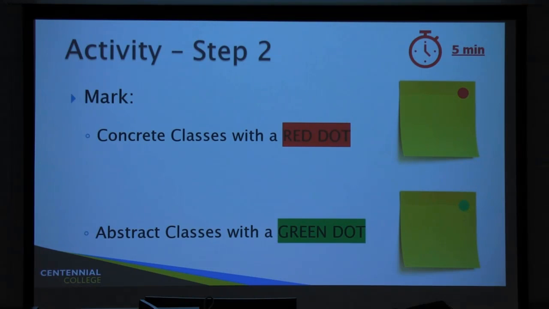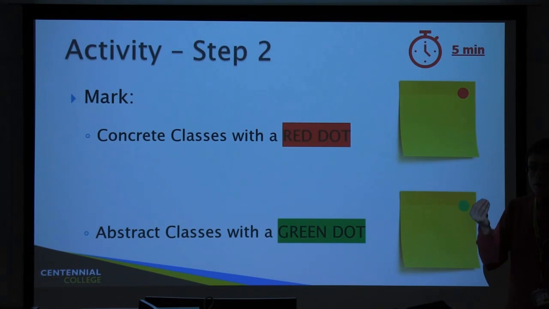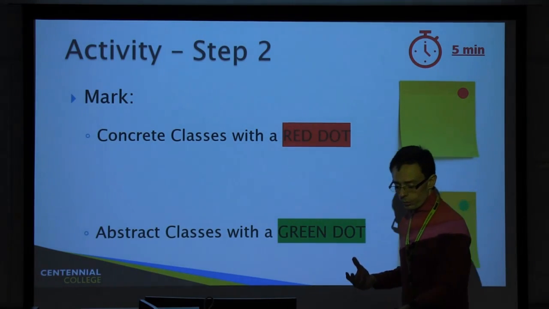I'm just going to mention the concept again. So concrete classes, you can create objects from those classes. Abstract classes, you cannot create objects from them because they are just a concept. They are not something very tangible. They don't stand on their own.